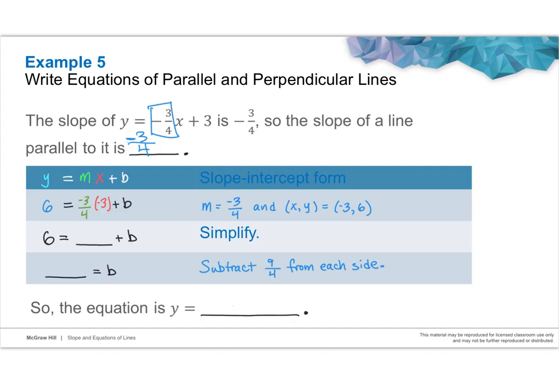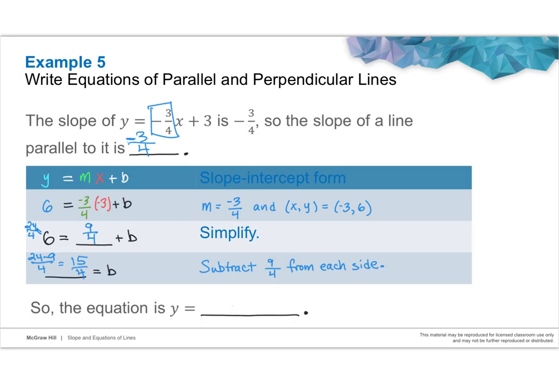And then we need to do a little bit of arithmetic. -3/4 times -3 gives us +9/4, which we then need to subtract from each side, keeping in mind that our 6 here is 24/4. So I have 24/4 minus 9/4, or 15/4, which is my b value.